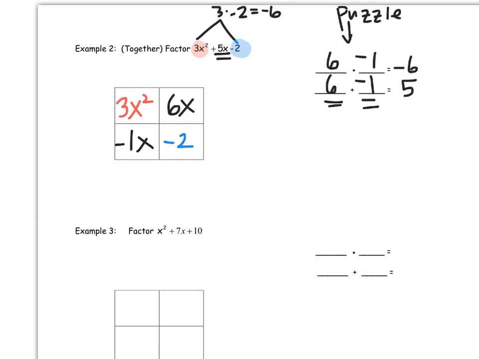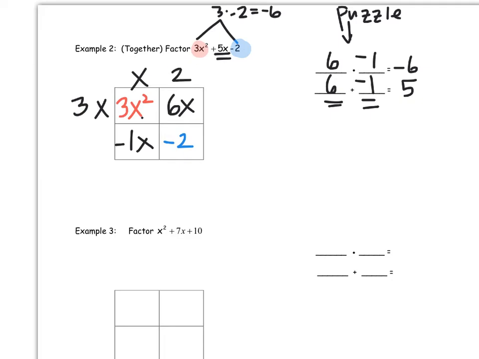So this part is a little bit tricky. So I have x squared here, right? So I know I need an x and an x, but I need to decide where to put the 3. So I can put a 3 here or a 3 here. So if you put a 3 here, then 3x times x is x squared. And then I can do this part easily. 3x times what number will give me 6x?